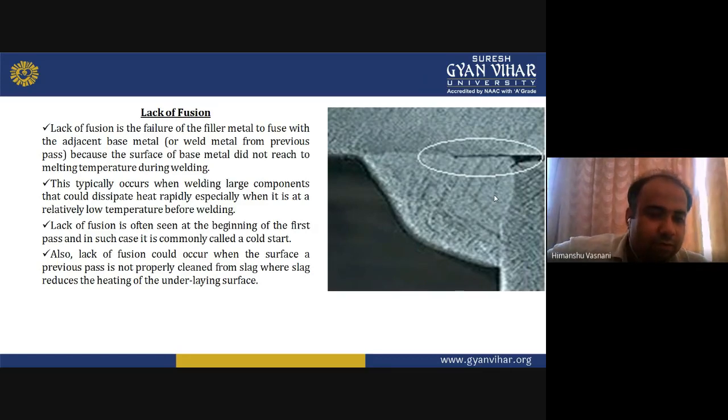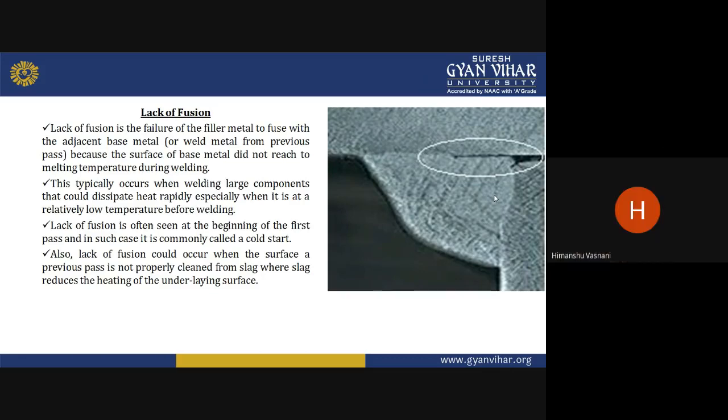Lack of fusion is often seen at the beginning of the first pass. In such cases, it is commonly called a cold start. Also, lack of fusion could occur when the surface of the previous pass is not cleaned of slag, where slag reduces the heating to the underlying surface.